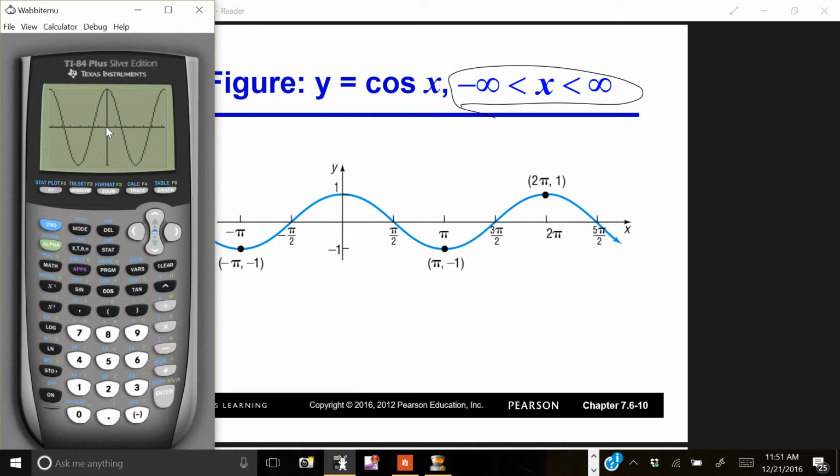Notice that it always starts out with its maximum at x equals 0 or theta equals 0.